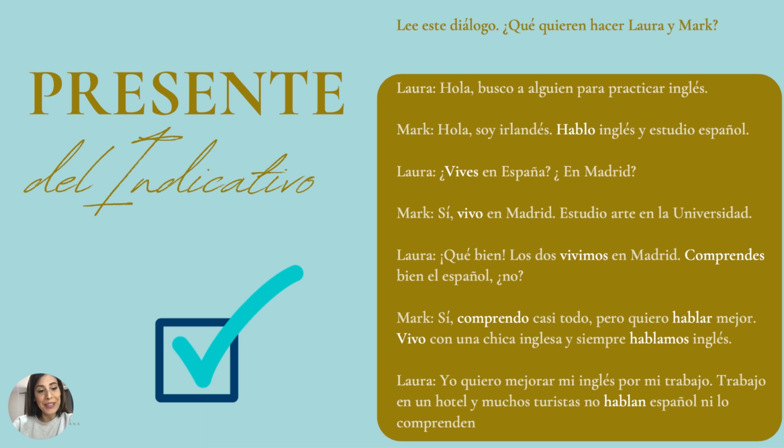Los dos vivimos en Madrid. ¿Comprendes bien el español, no? Sí, comprendo casi todo, pero quiero hablar mejor. Vivo con una chica inglesa y siempre hablamos inglés. Yo quiero mejorar mi inglés por mi trabajo. Trabajo en un hotel y muchos turistas no hablan español ni lo comprenden.